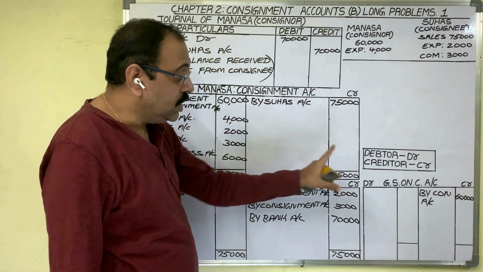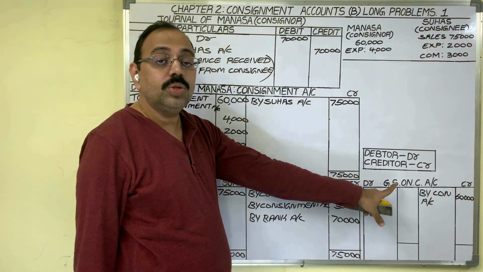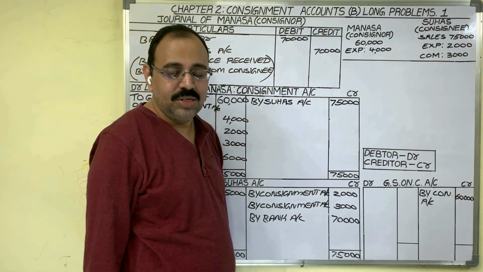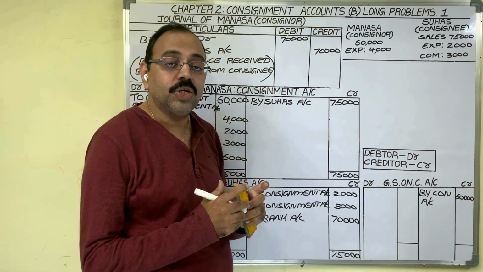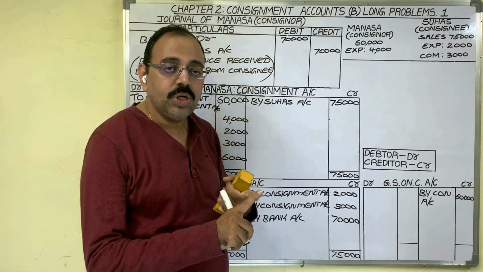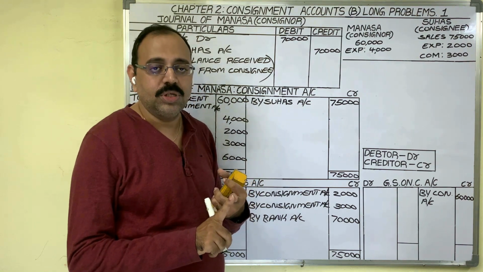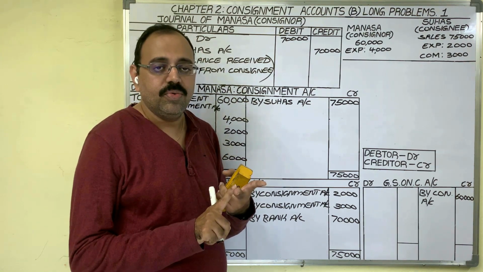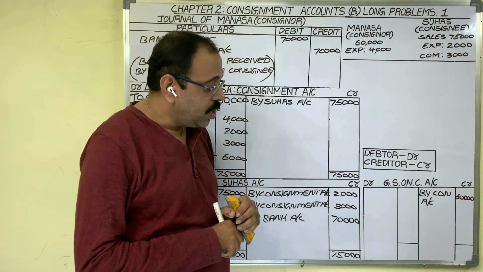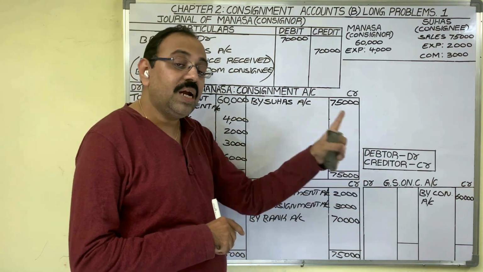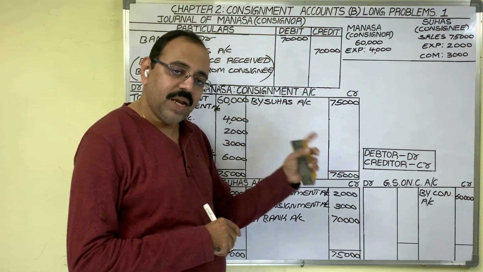Now let us close the third account, goods sent on consignment account. We have to close this account by transferring the balance to trading account or manufacturing account. Any one we follow. We follow trading account transfer. We said total is more on the credit side. So we said balance carried down comes on the debit side.